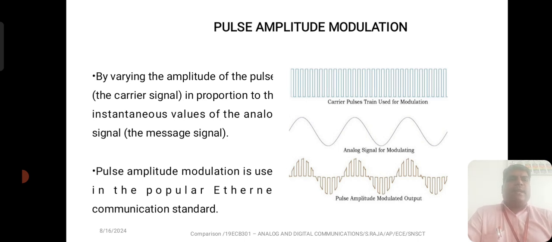In the figure, the top blue color indicates the carrier pulse train used for modulation, the second one is the sine wave of the analog signal for modulating, and the third brown color indicates the pulse amplitude modulation. Here only the amplitude is changing; the frequency and phase remain constant.